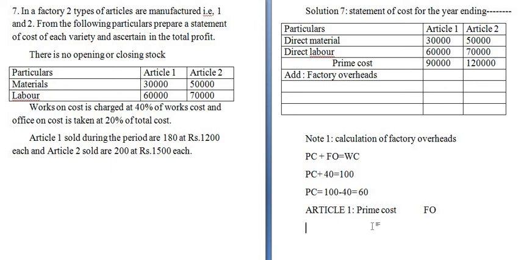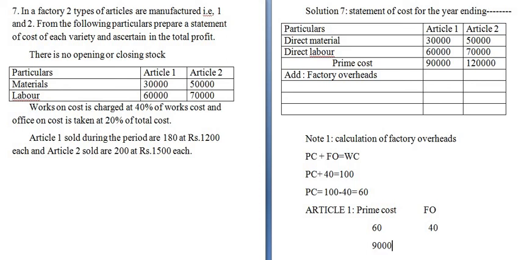When prime cost is 60 as per this note, factory overheads is 40%, which is given in the problem. Now check here, prime cost is 90,000.